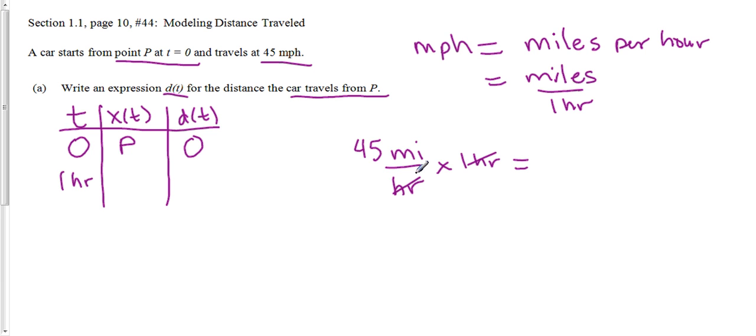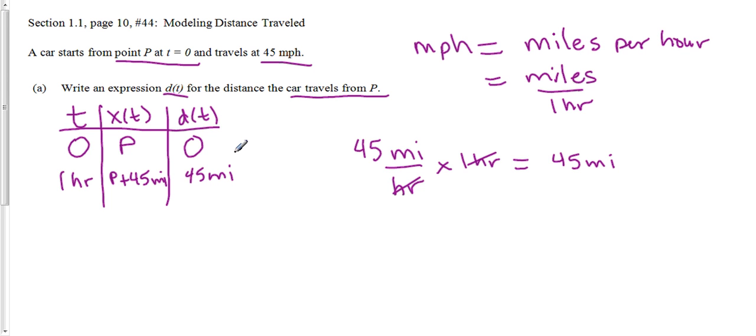So the hours are going to cancel, and we get that the car has traveled 45 miles, which is what our intuition told us. So the position of the object at 1 hour is going to be P plus 45 miles. And then the question is, what is d of t going to be? How far has the car traveled from P? And the answer is 45 miles.